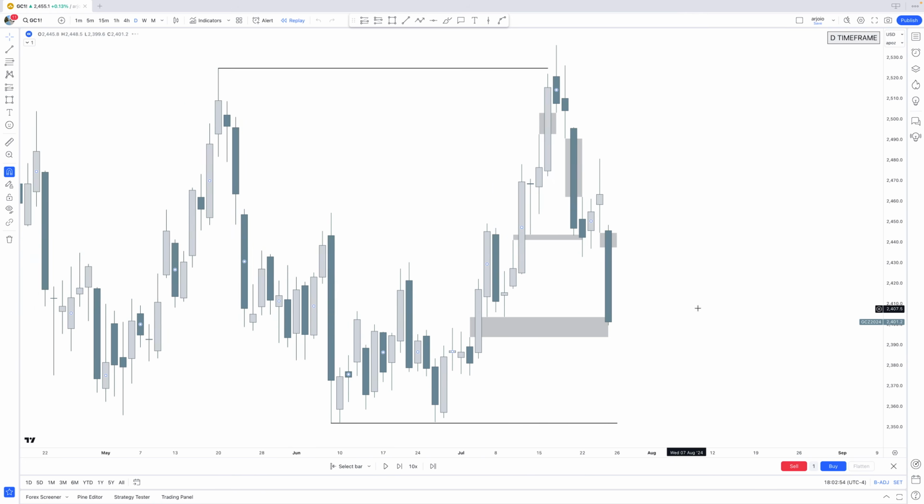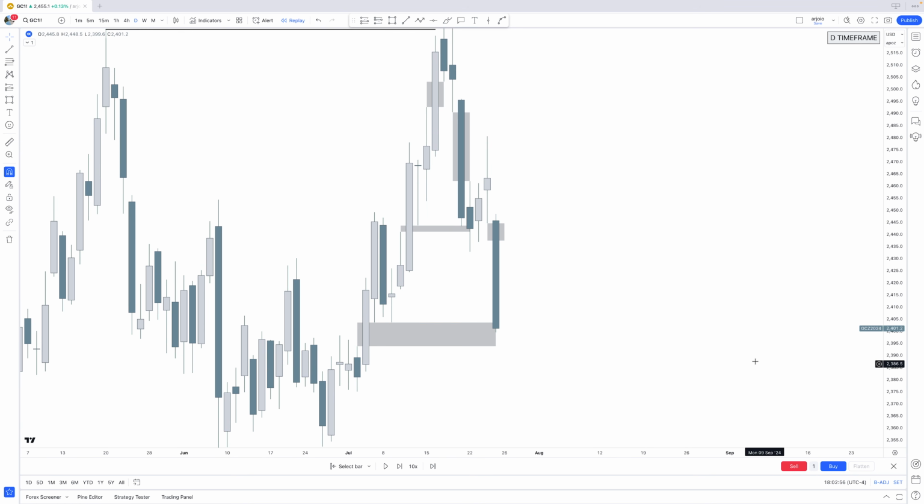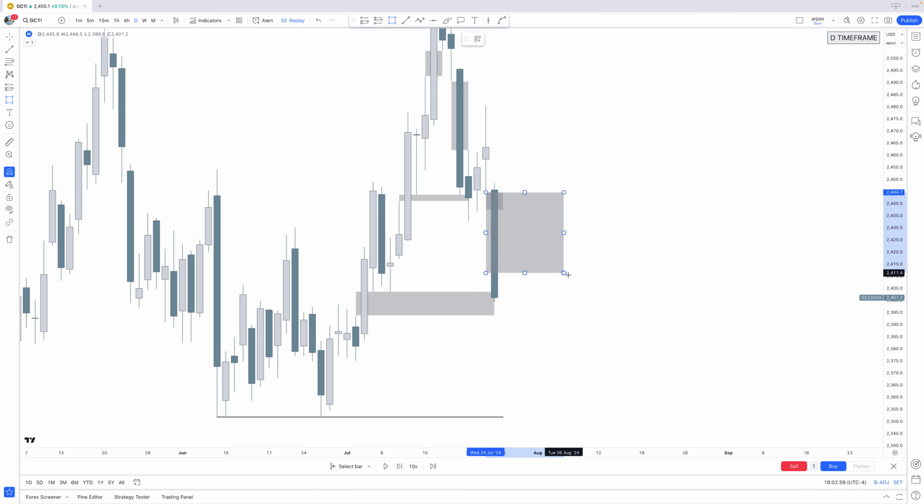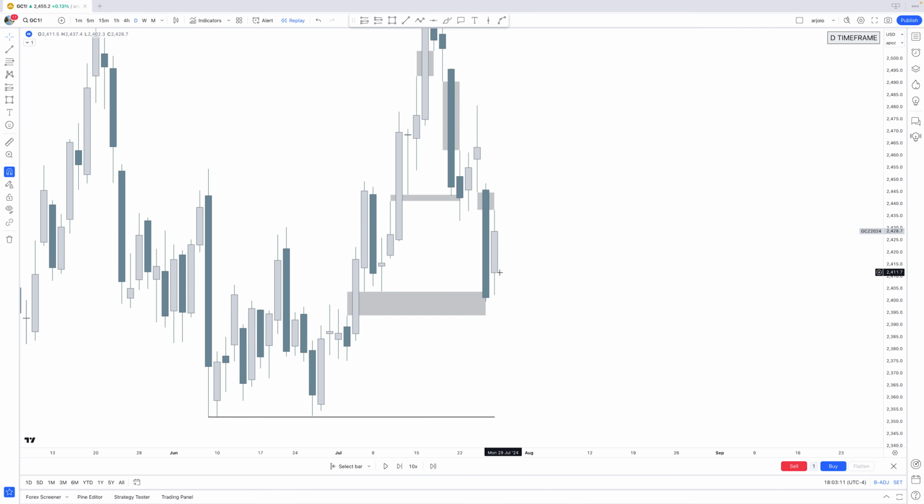We could have created a full fair value gap like this right here, this big, but only about, what is it? Not even 25% of the potential fair value gap is actually created right there, creating an extremely big rejection higher. Since the rejection is so big, there's a lot of bullish strength in the market as well. So we can actually expect a deeper retracement or even higher prices.